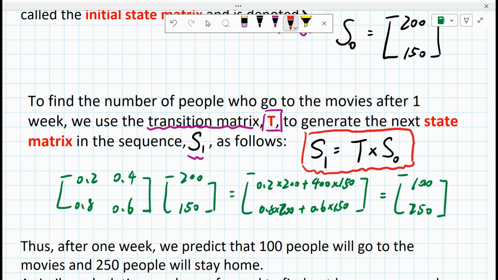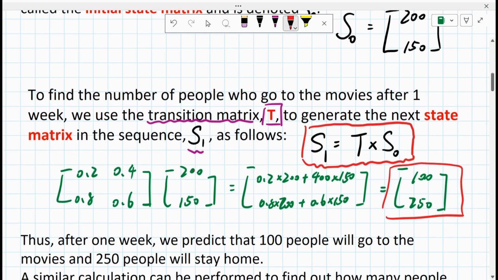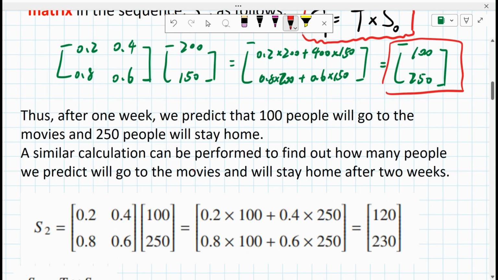Multiply it by 200 and 150, and that will tell us how many for the next week, which is after week 1. We predict 100 people will go to the movie and 250 people are going to stay at home.